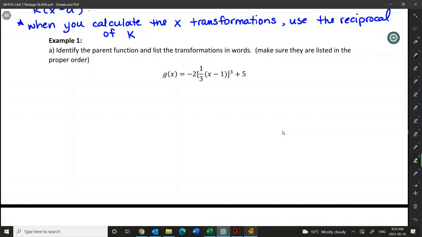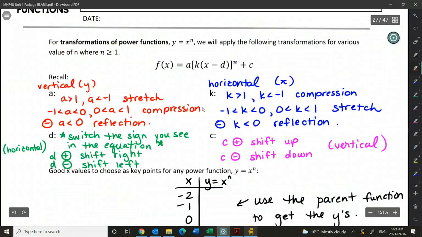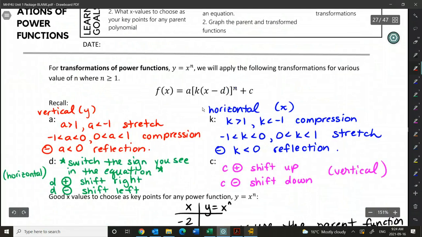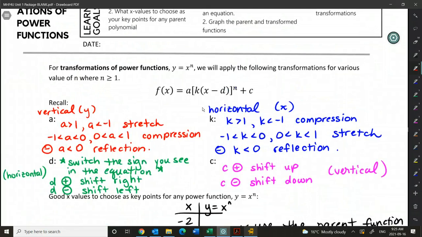Okay, so I'm going to work my way left to right here. We're going to start with the a value. So here a is -2. If you need to, as you're reminding yourself of what we learned in grade 11, you can look at these guidelines here, and then you can make a decision. So where does -2 fall here? And do we have a combination of things here? Find where -2 would fall and make a decision.